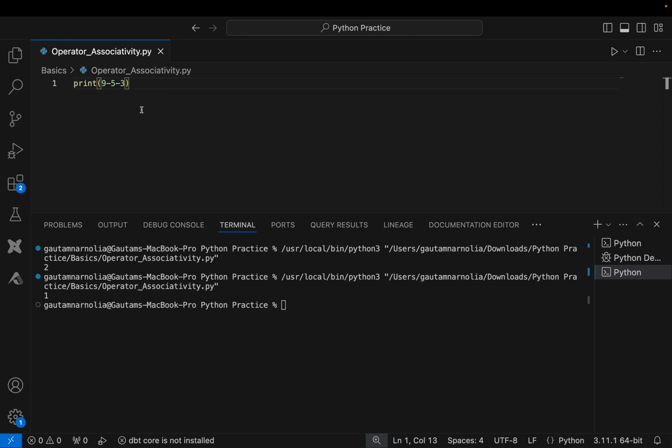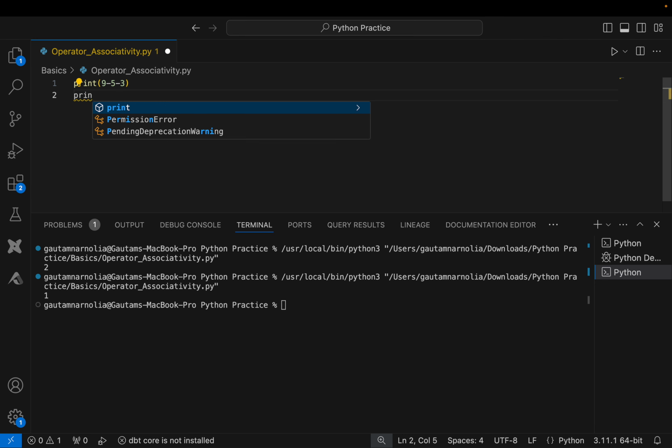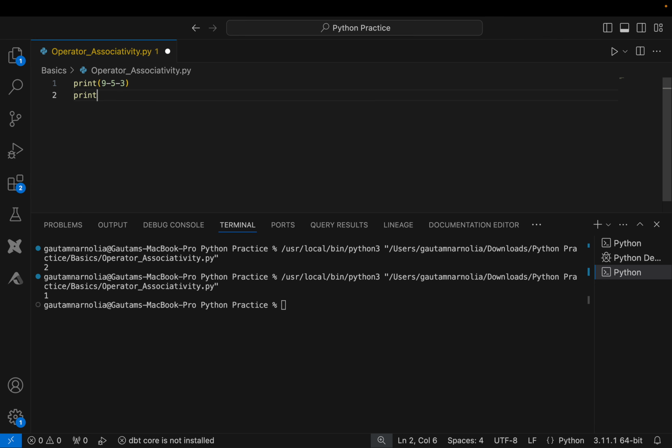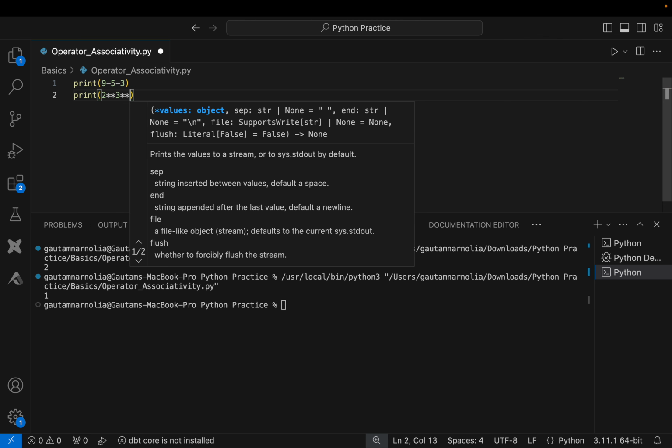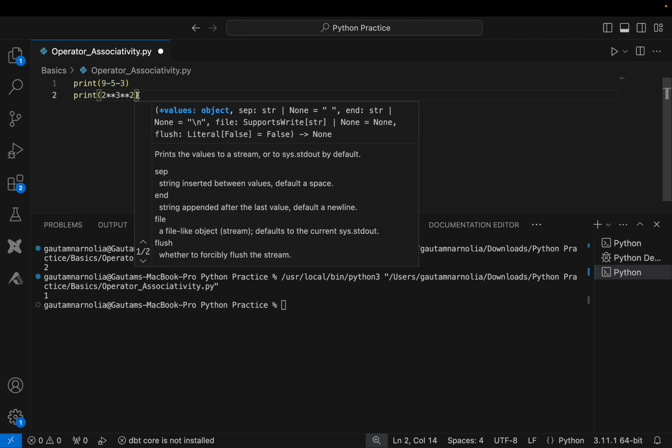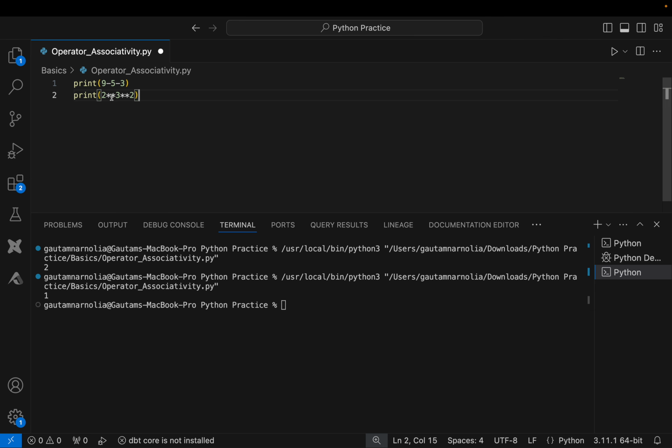But there are some operators like exponentiation which work from right to left. Let's say we have an expression like 2 exponentiation 3 exponentiation 2. It is not evaluated as 2 to the power 3 and then the result raised to the power 2. We first have 3 exponentiation 2, meaning from right to left.